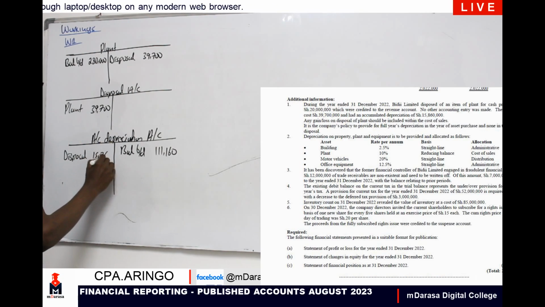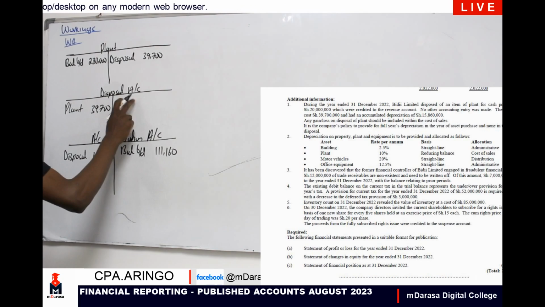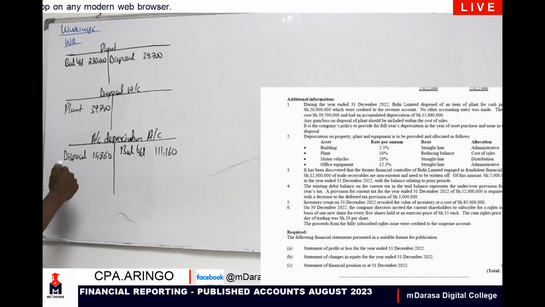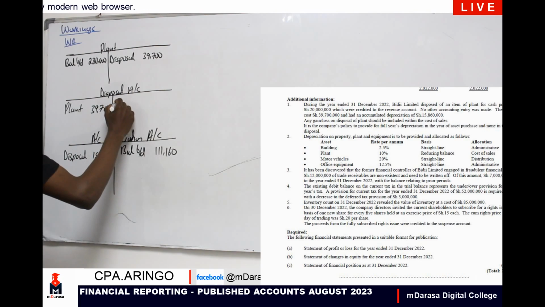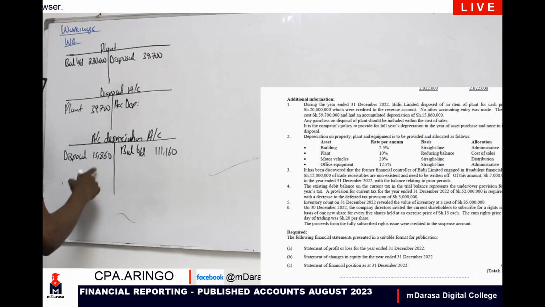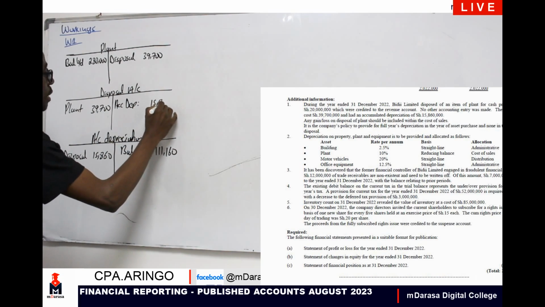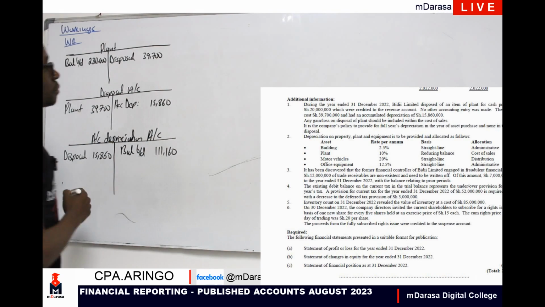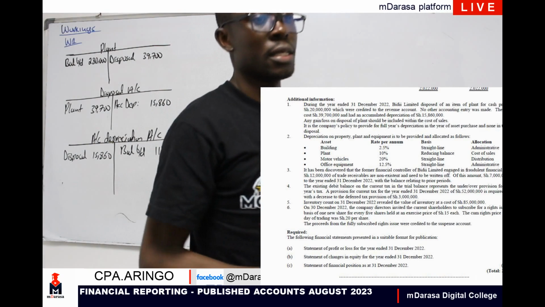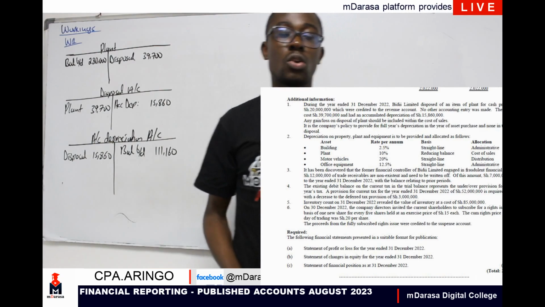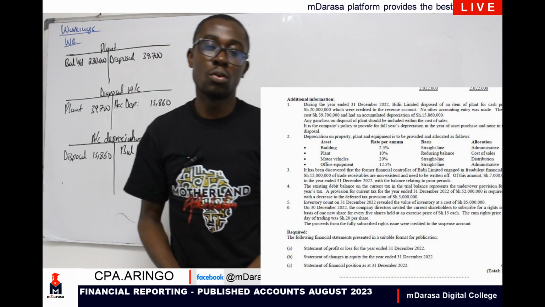So 15,860, which literally I'm going to debit our account here, or rather credit our disposal account with basically accumulated depreciation, the value that I'm having, 15,860. Double entry, right?